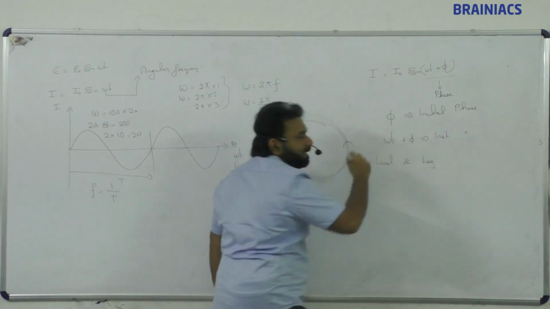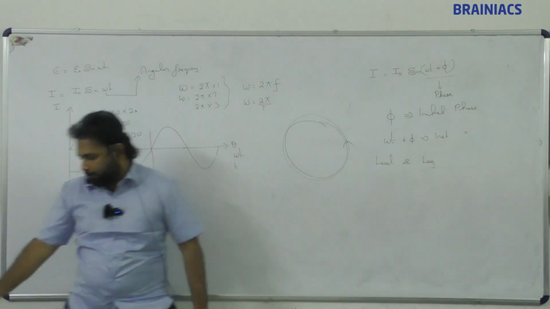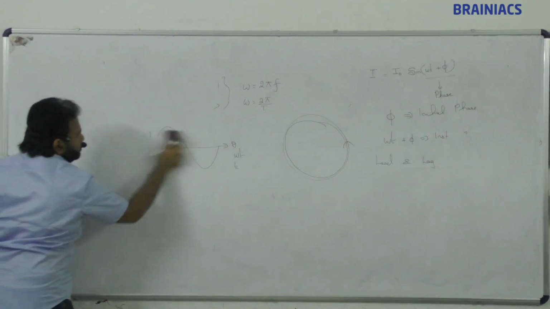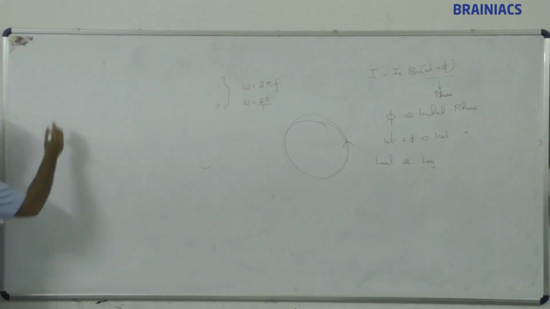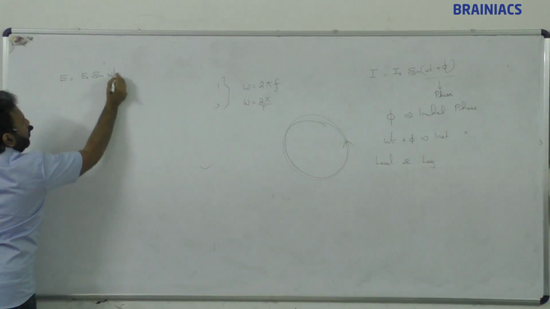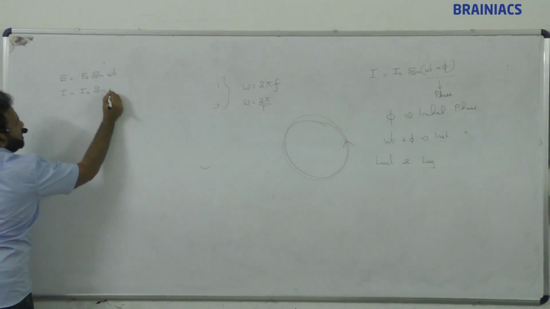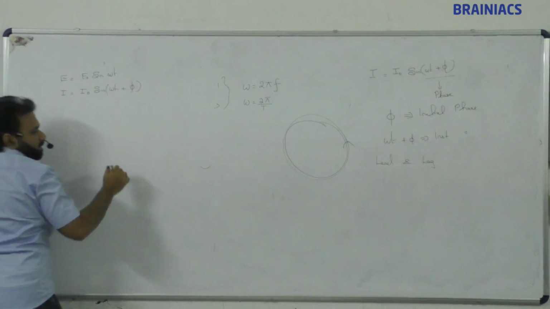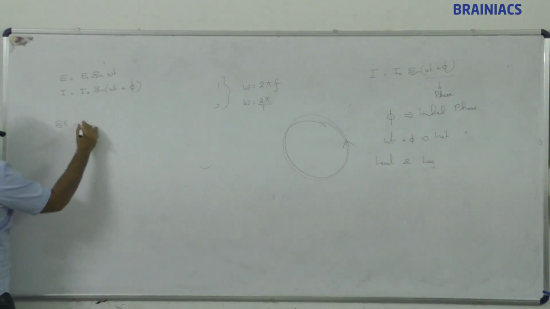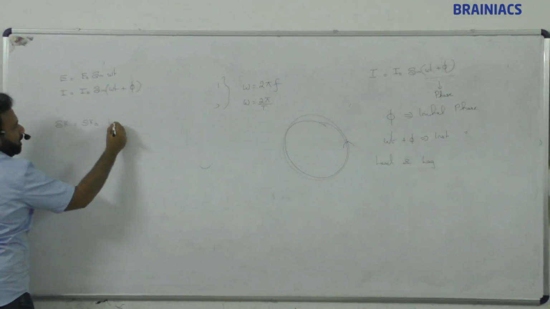What is the meaning of lead and lag? Suppose I say E naught sin omega t, and E naught sin omega t plus phi, it is just like t minus 5 minutes.